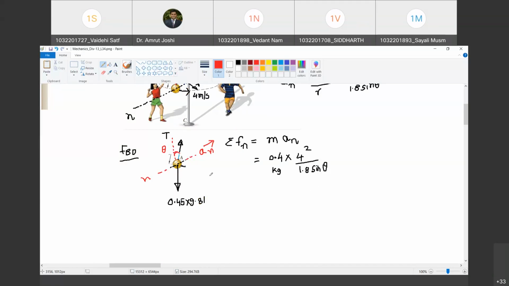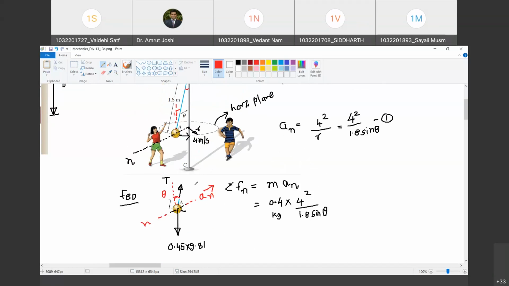Now, tell me, is this AN, this normal direction, lying in the horizontal plane? Yes, sir. So now, what is summation Fn? In summation Fn, this 0.45 into 9.81 is not going to have any component because this angle is 90 degrees. Happy?